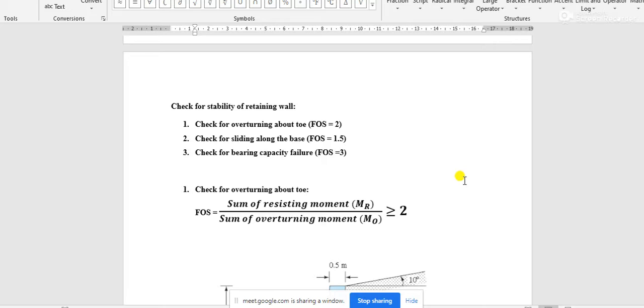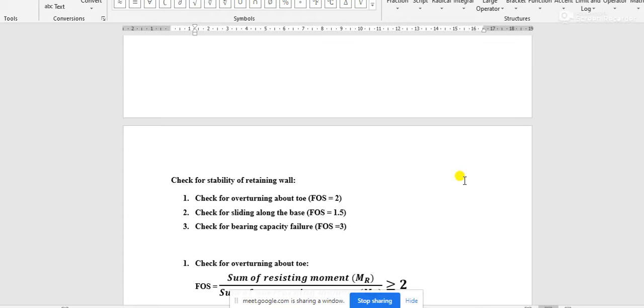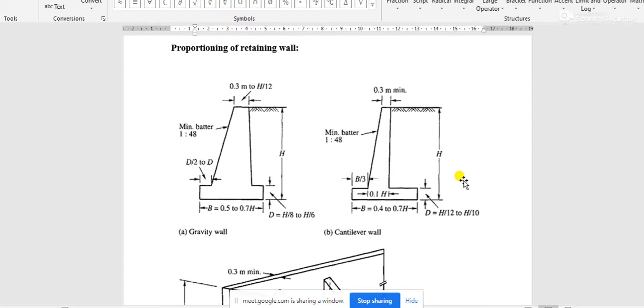Now, what we have to do for designing the retaining wall is, first of all, assume the dimensions of the retaining wall on the basis of the required height of the retaining wall. That height can be determined from the site visit, and the required height of the backfill soil is the height of the retaining wall.